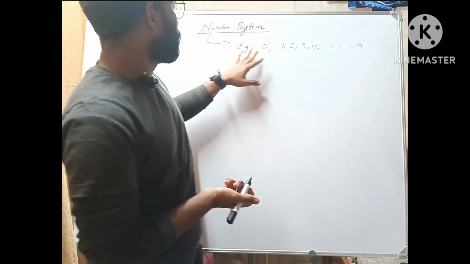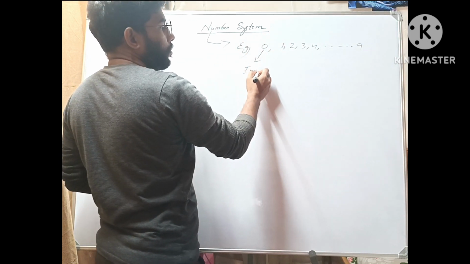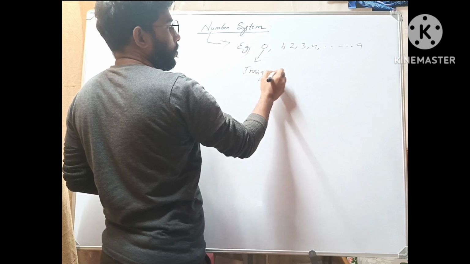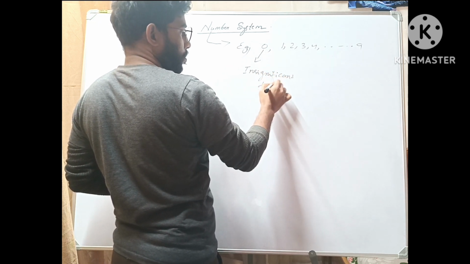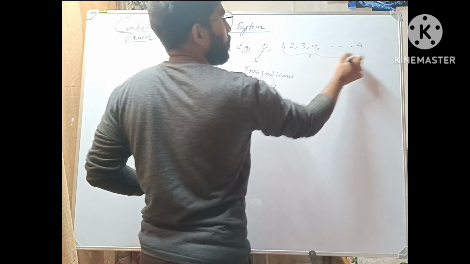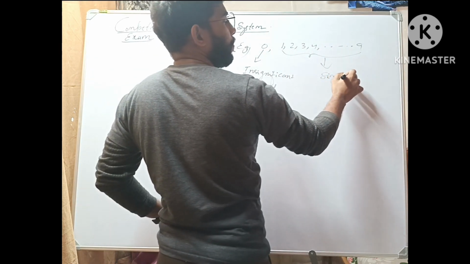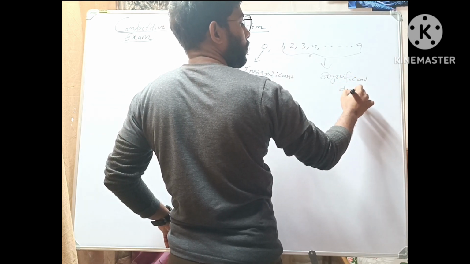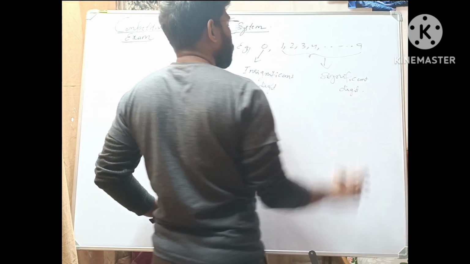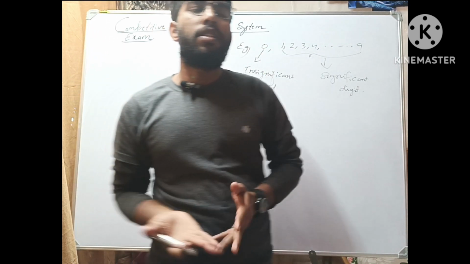Now 0 is called an insignificant digit, and the remaining numbers 1, 2, 3, 4, and so on are significant digits. Why is 0 an insignificant digit?